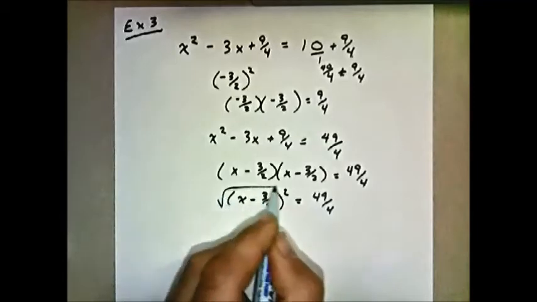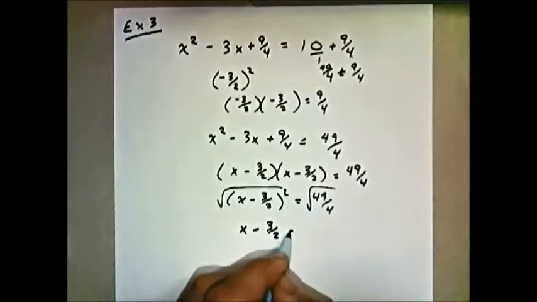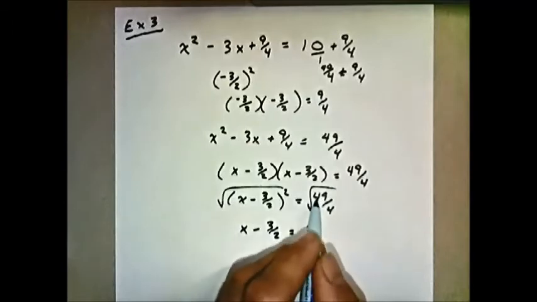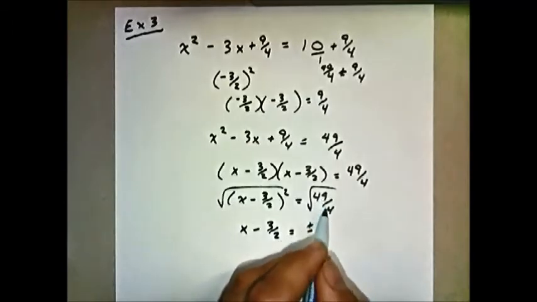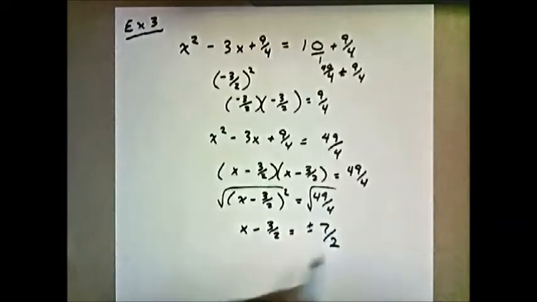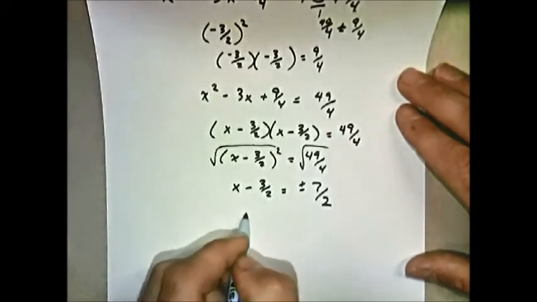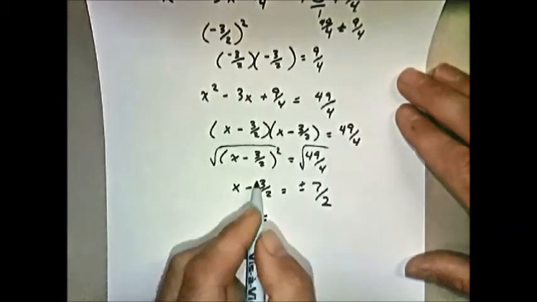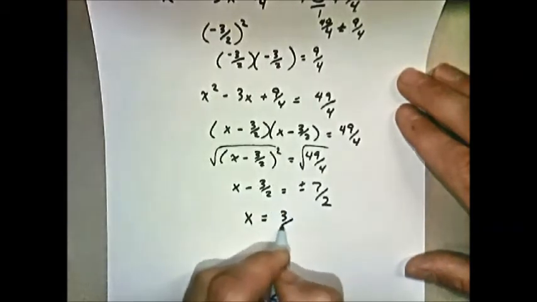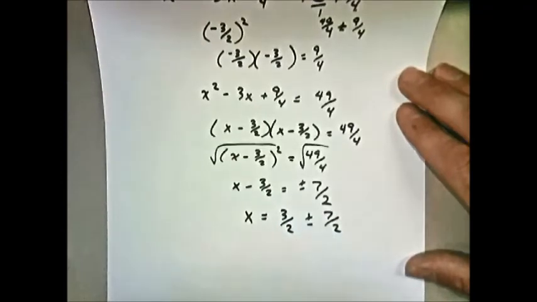Take the square root of both sides. So we get x minus 3 halves equals plus or minus the square root of 49, which is 7. The square root of 4 is 2. So we get plus or minus 7 over 2. Solving for x, add 3 halves over, we get 3 halves plus or minus 7 halves.